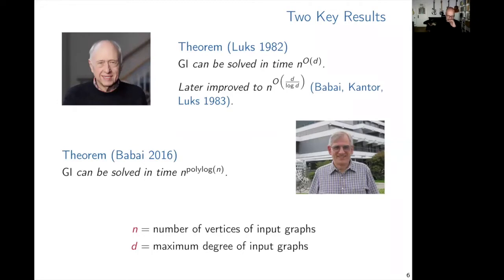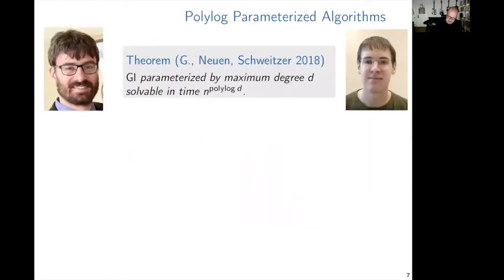Now, note that Babai's algorithm doesn't improve Luks. So if the degree of the graph is large, Babai's algorithm is not better than n to the log n. Okay, and this is something we looked at, and a result we proved 2 years ago with Pascal Schweitzer and Daniel Neuen.